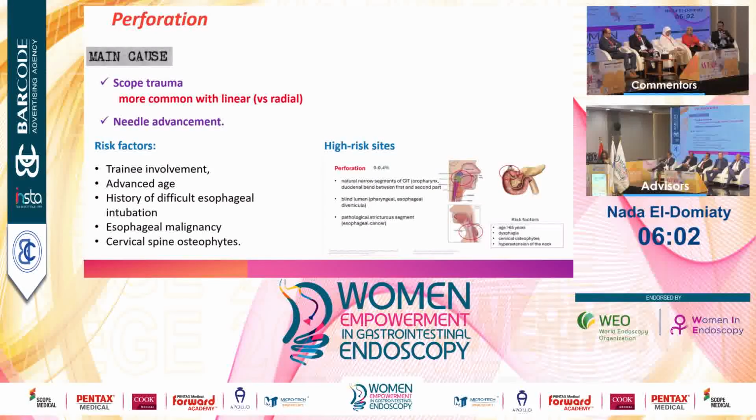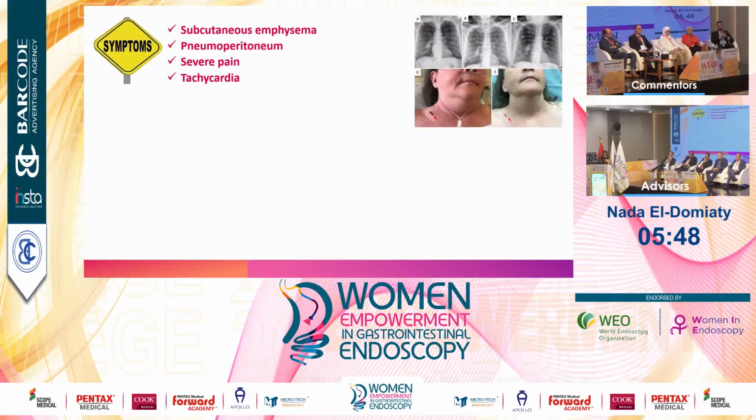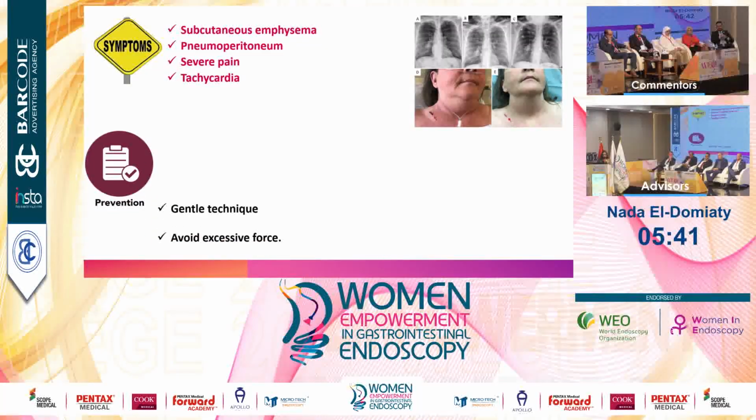And there are sites we should take care of, with high risk of perforation, especially the oropharynx while introducing the probe, or the first part of the duodenum. The symptoms of perforation are subcutaneous emphysema and pneumoperitoneum. Prevention is always to take care while doing the procedure and avoid excessive force when introducing the probe.